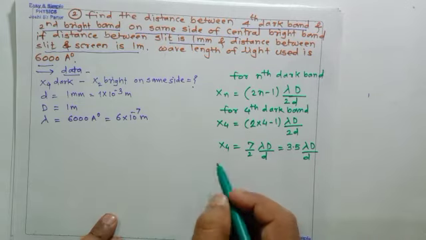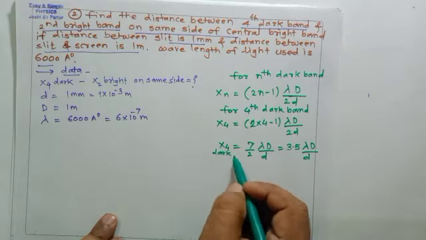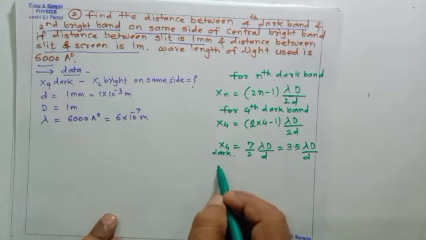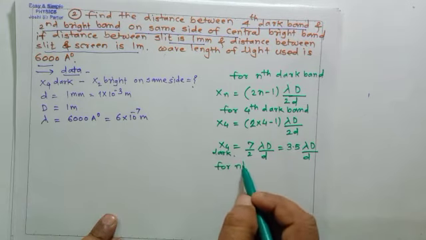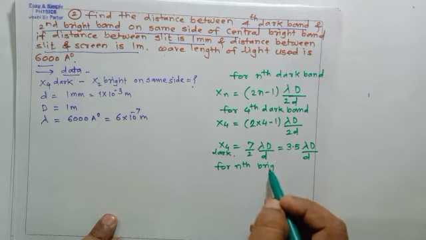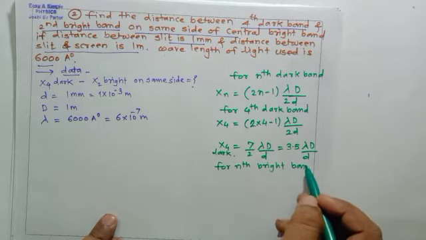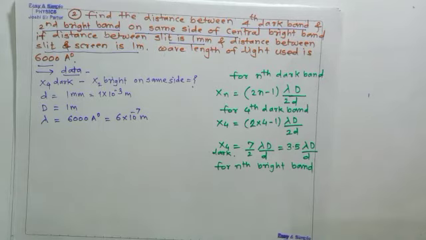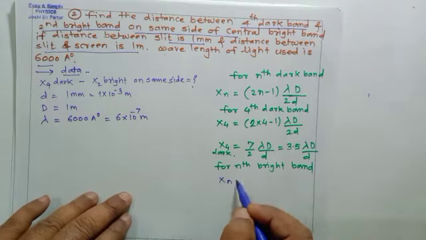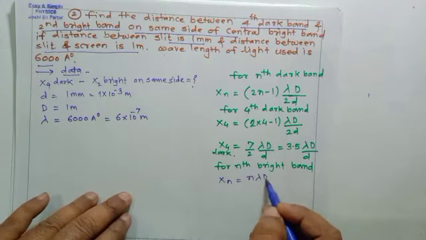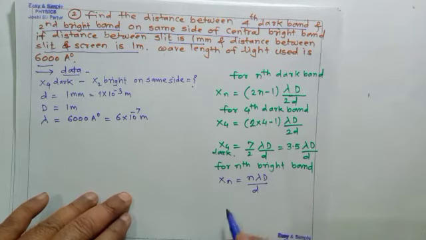That is x4 dark. For nth bright band, condition will be xn equal to n lambda capital D upon small d.